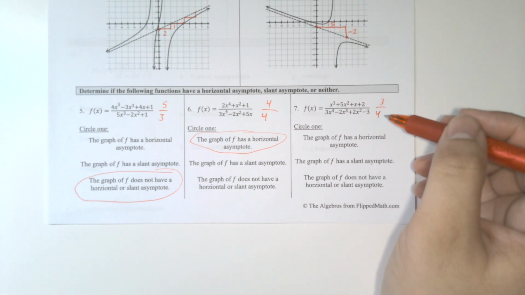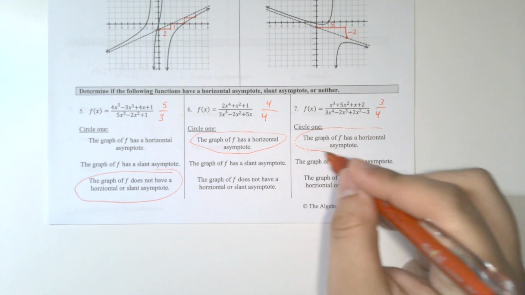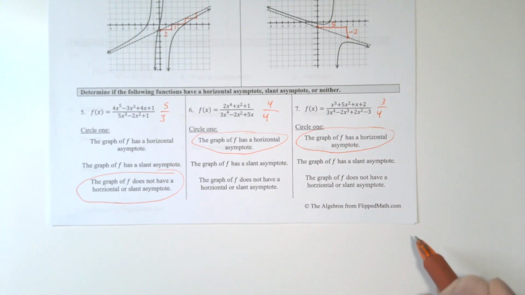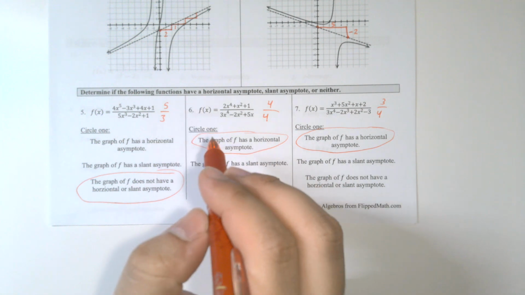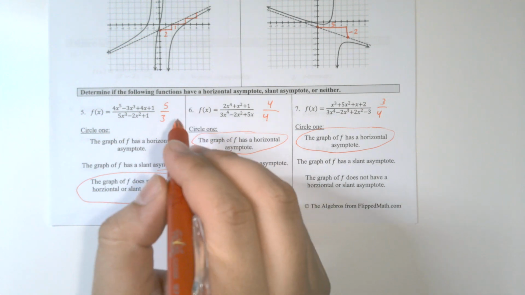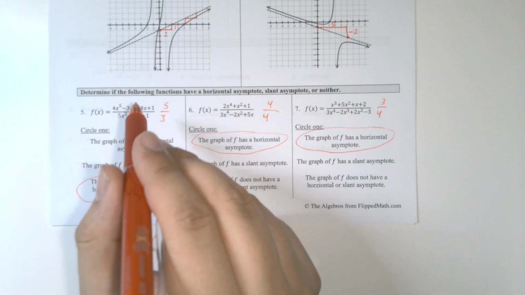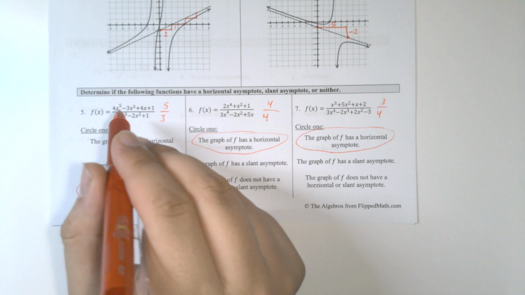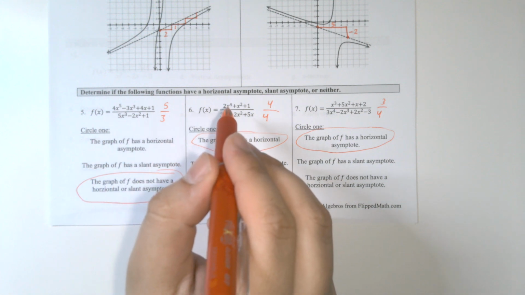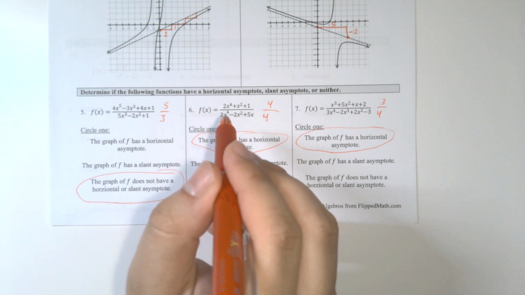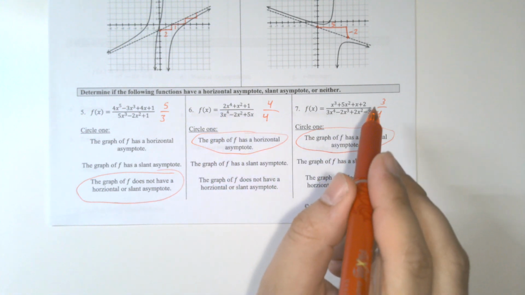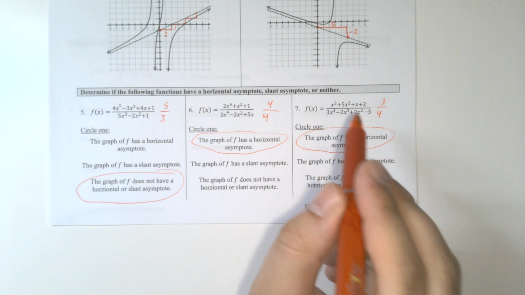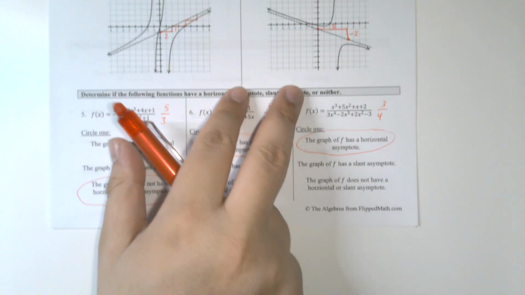And remember, if the degree of the bottom is bigger, then it will also be a horizontal asymptote. We only have a slant asymptote if the degree of the top is exactly 1 higher than the degree of the bottom. So if this was degree 4, this would be a slant asymptote. If the top one of this one was degree 5, this would be a slant asymptote. And similarly for this one, if it was degree 5, this would be a slant asymptote.